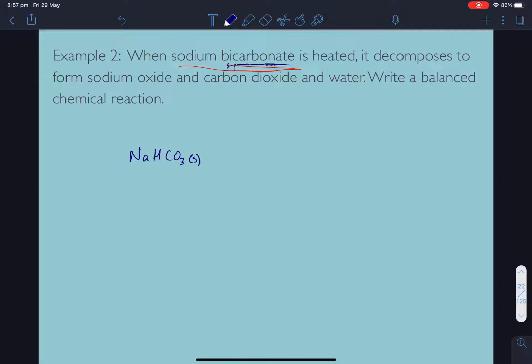As I said, we've only got one reactant because it's a decomposition reaction. So it's just the sodium bicarbonate decomposing when we heat it to form more things. Sodium oxide: sodium is a metal, oxygen is a non-metal, so we've got an ionic compound, and the sodium ion, as we said before, is in group 1. Oxide, IDE, is a monatomic ion.